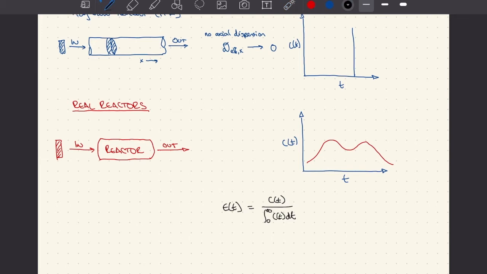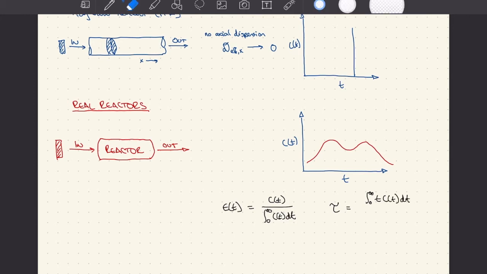From this, we can then calculate a mean residence time by taking the first moment of this probability distribution function. And so this just means that we average, or we find the average time for this probability distribution.